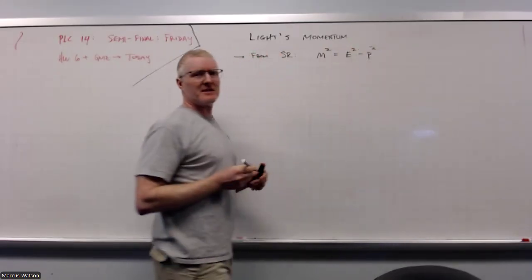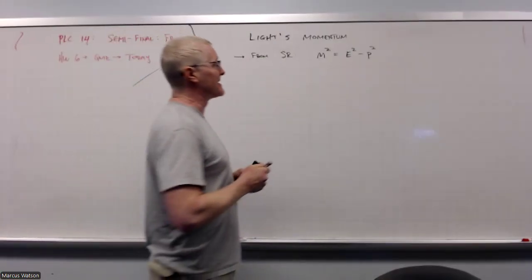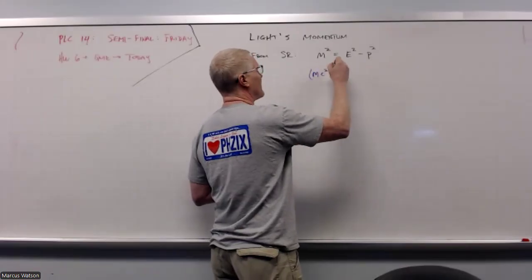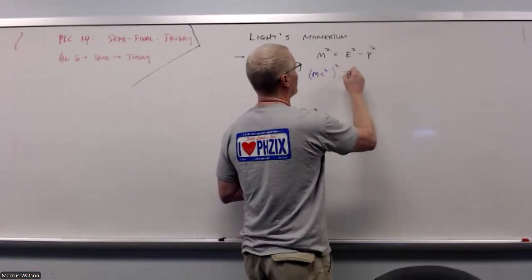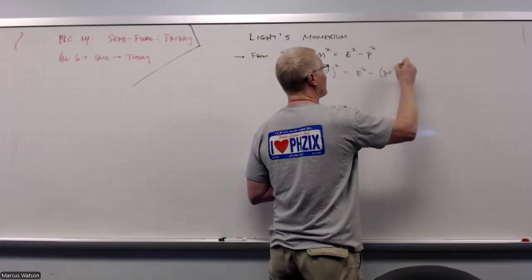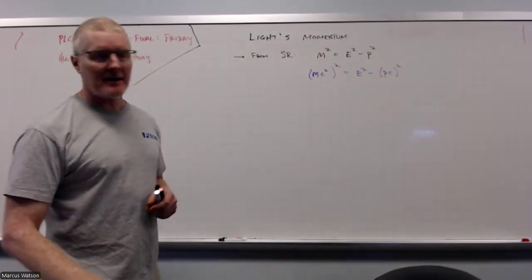And remember that this is in the c equals 1 unit. So if you were to write them with the c in there, it would look more like this, where you have mc squared, and then energy by itself and pc squared. And you can verify that those units will work out.